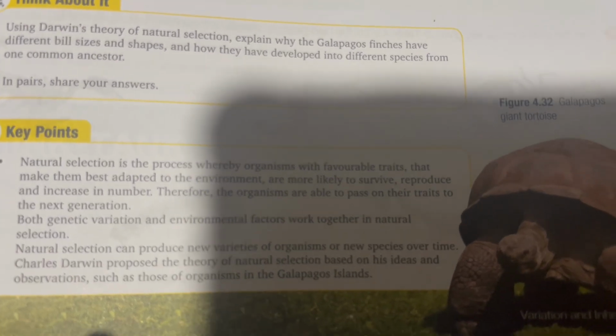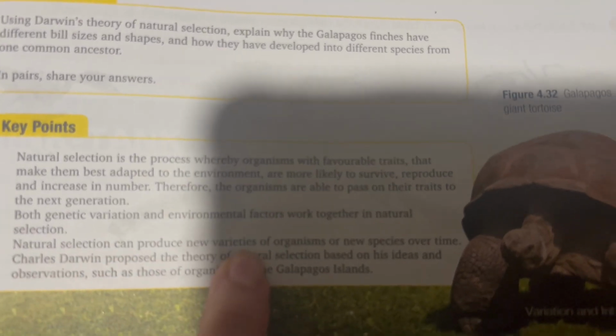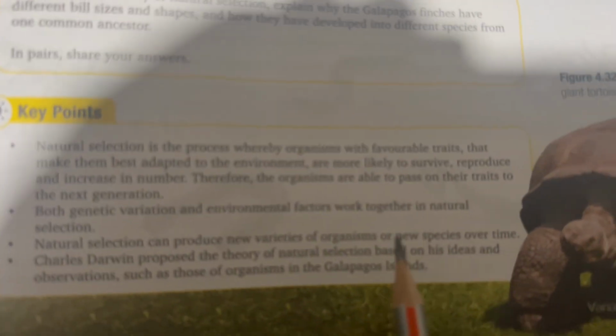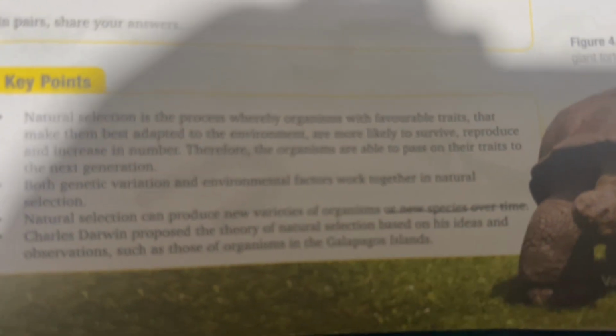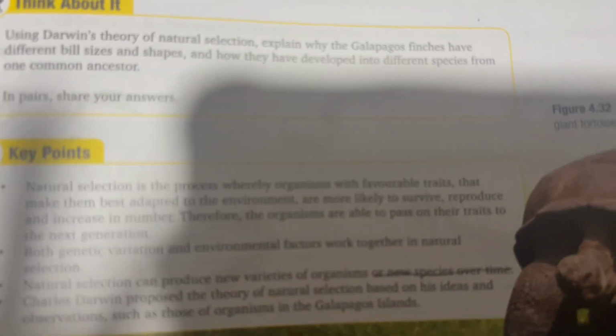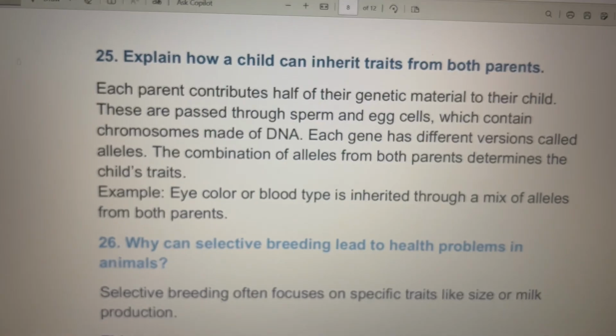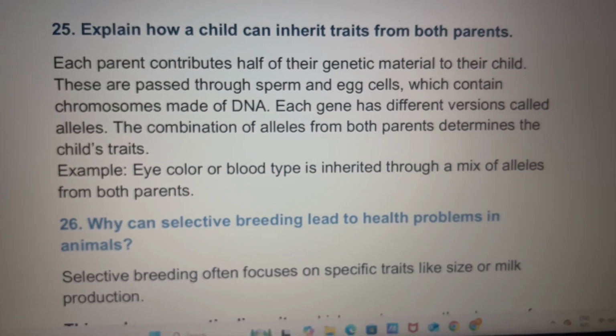So natural selection can produce new variations of organisms. New variations of organisms, that's it. Okay.